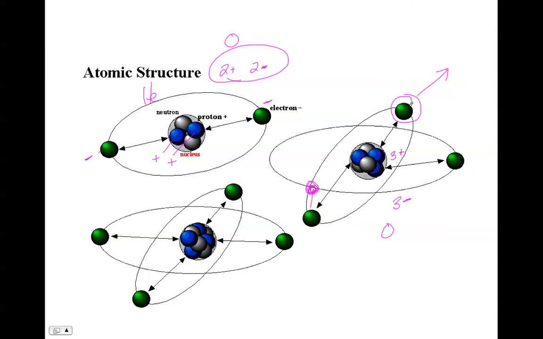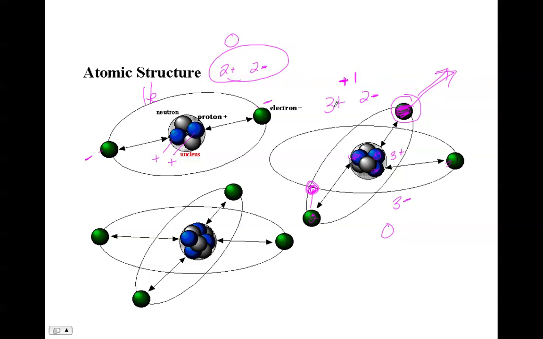If it loses an electron, so if this electron gets taken and goes to another atom, you then have 3 protons in the nucleus, and you'd end up with only 2 electrons. So you'd have an imbalanced electrical charge, because you'd have 3 positives and 2 negatives. So if it loses this electron, the overall net charge is going to be plus 1.